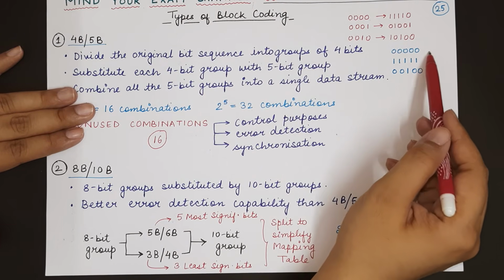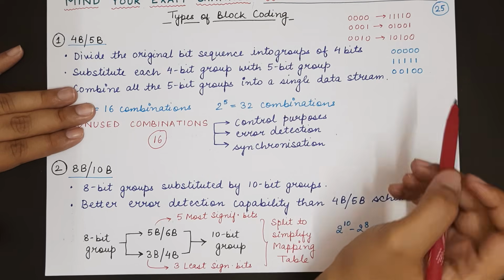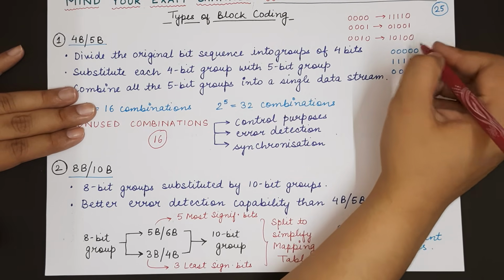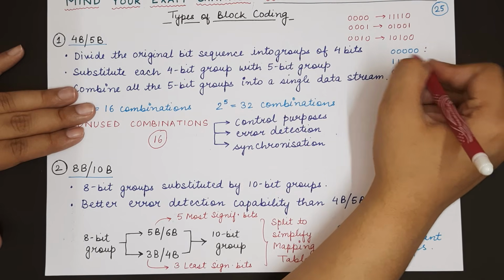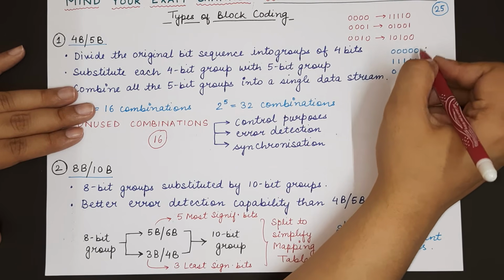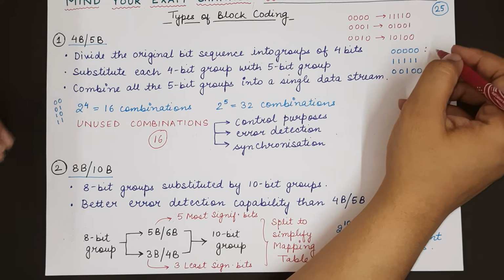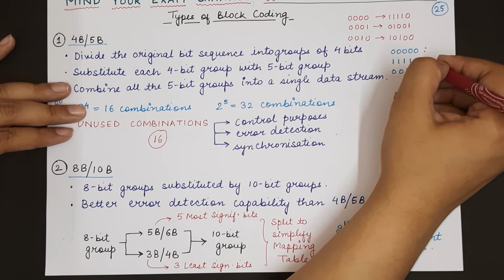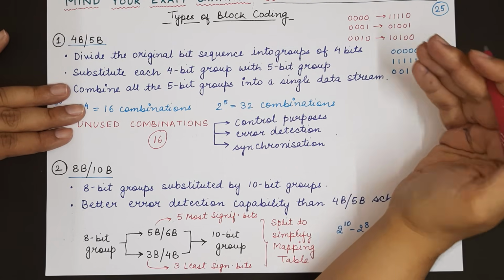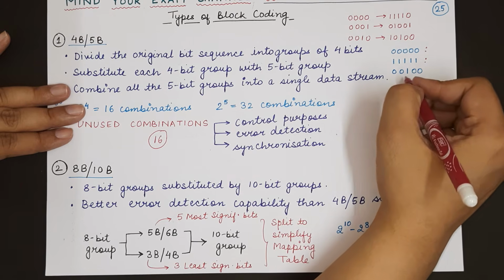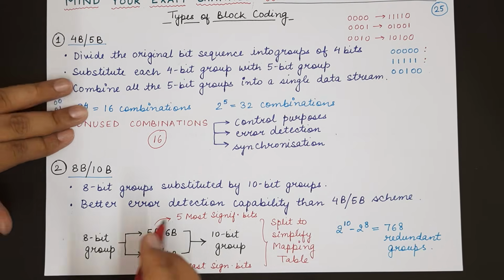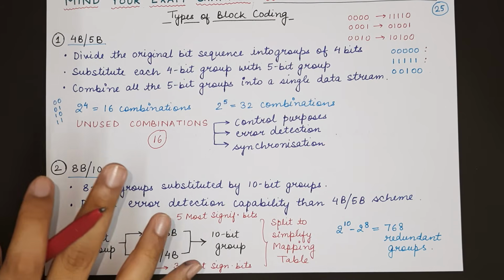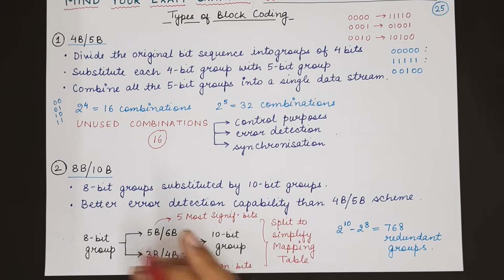Similarly, the unused bits can be used for control purposes, like all 5 zeros can denote that the channel is idle. All ones can denote that the communication has to be stopped. And similarly, other unused bits can be used to tell whether this is the start of the communication, the end of the communication, or whether it's an idle channel and so on.